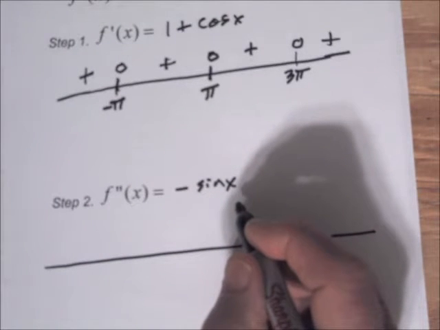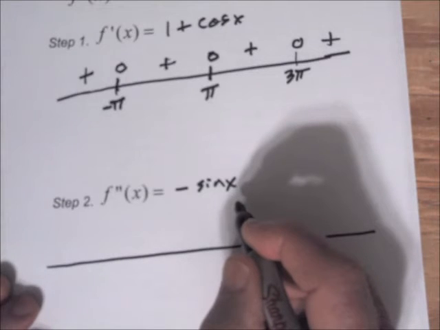So sine is going to be 0 at multiples of pi.